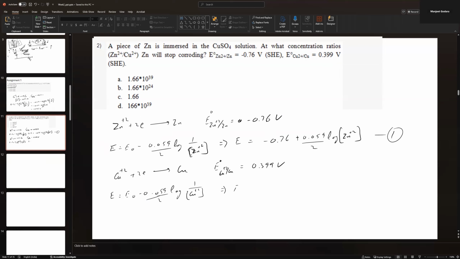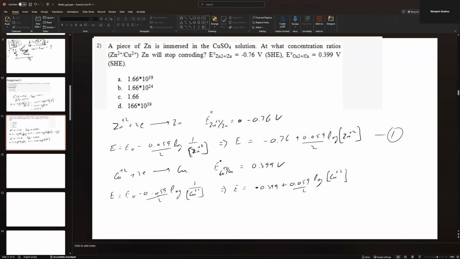This becomes E is equal to 0.399. Again, I take the minus sign out. That's 0.059 divided by 2 log of copper ion concentration.